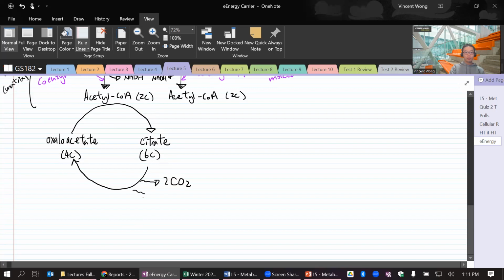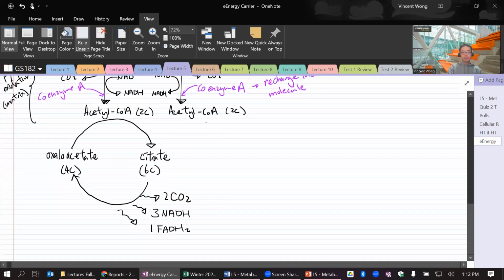Also, over here, we are going to generate 3 NADH and 1 FADH2. But don't forget, this happens twice, right? So this acetyl-CoA will also be undergoing the same thing. I mean, we can draw it again.